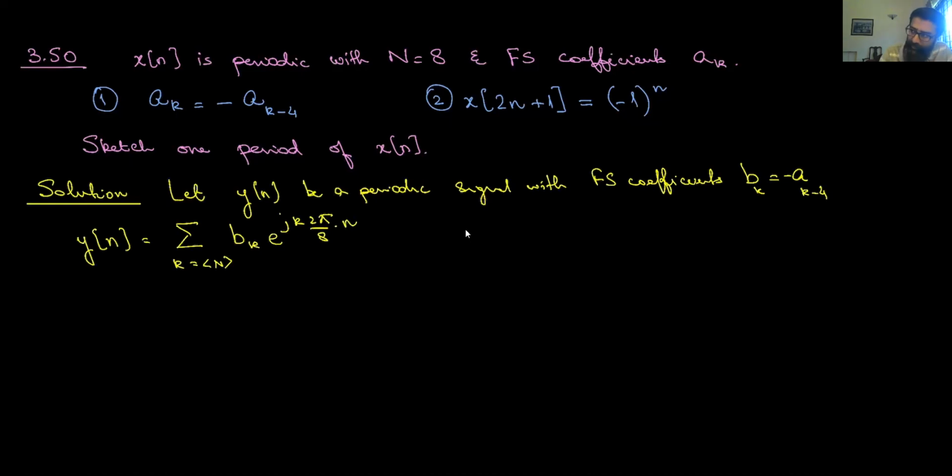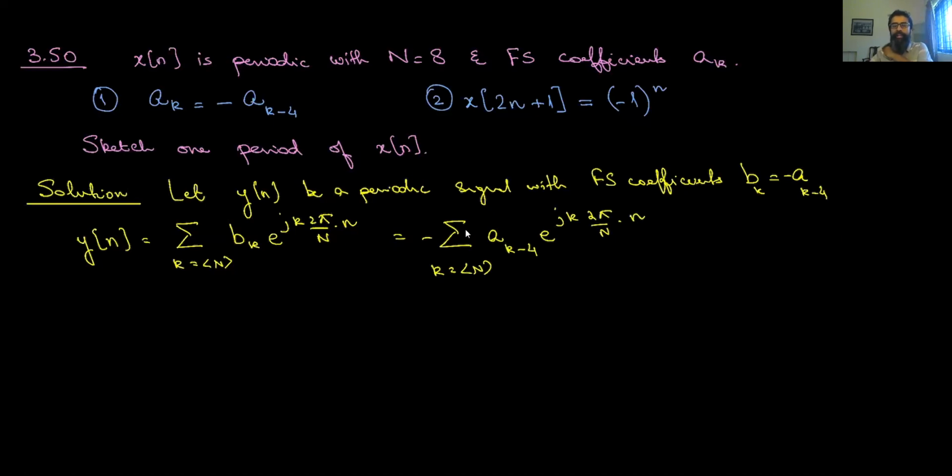I'll keep this as capital N for now. So this is k equals N, b_k is minus a_{k-4}, e raised to the power j k 2 pi by N times n, right?